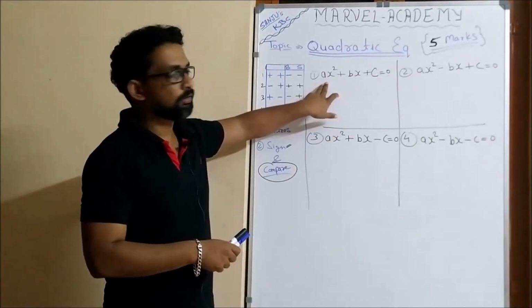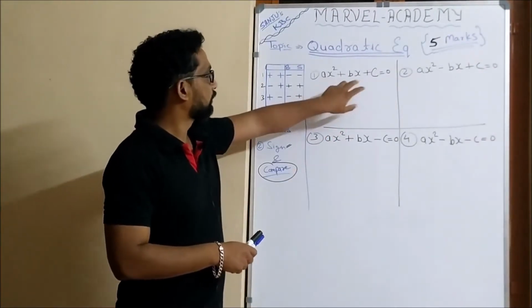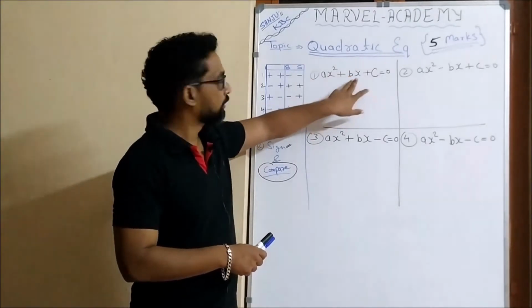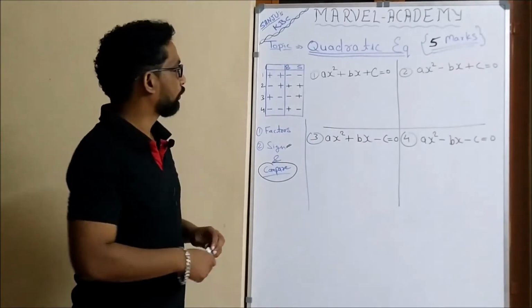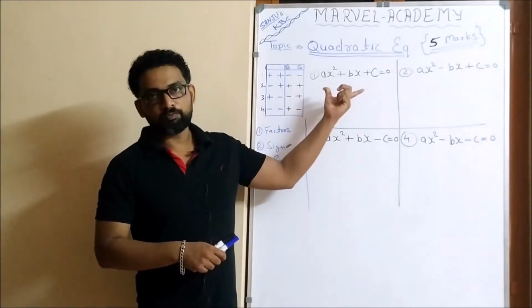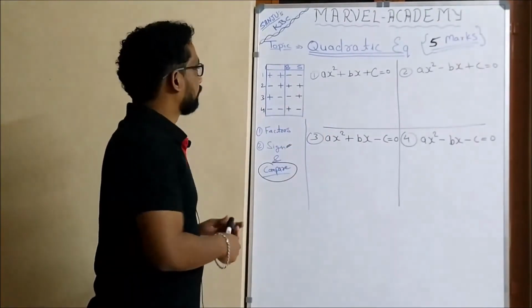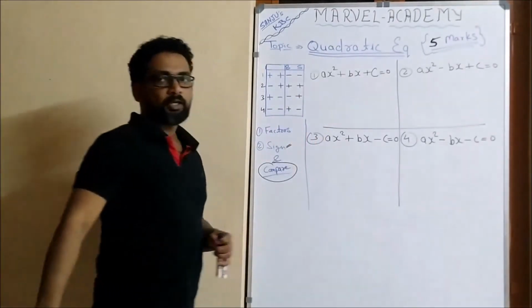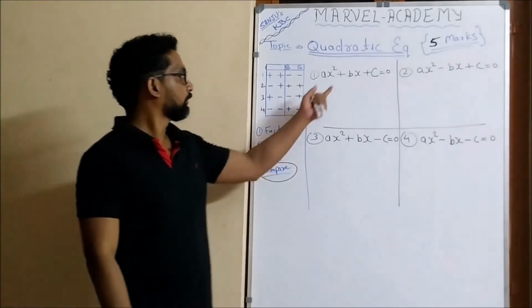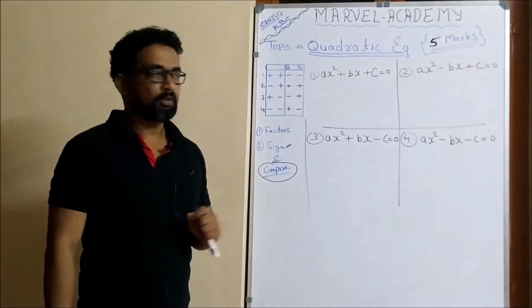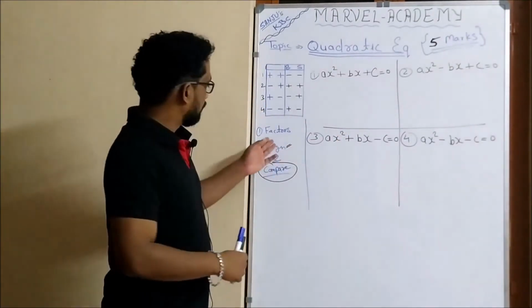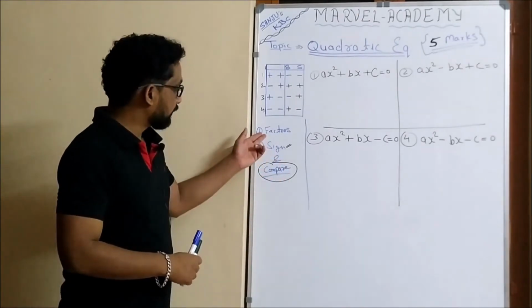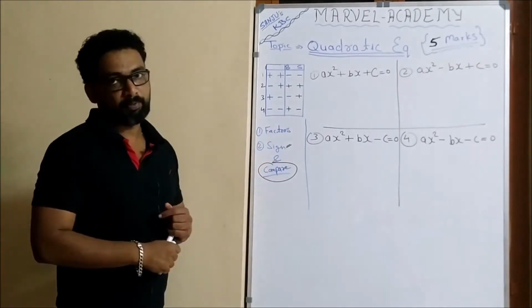So here, ax square plus bx plus c equals 0. This is the basic structure of a quadratic equation, and here a denotes the coefficient, x is the variable, and c is the constant number. Next thing is factor, sign and comparison.